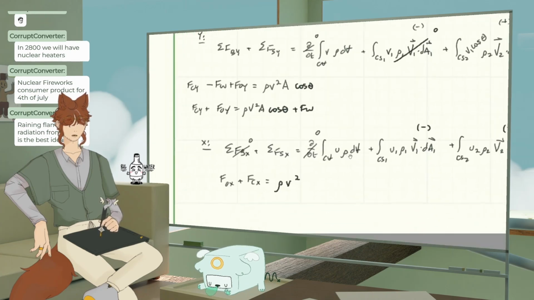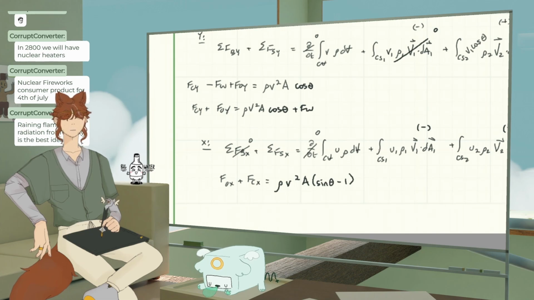Yeah, that's minus. And then we've got V squared A, and then sine 30 minus 1, sine theta minus 1. Cool.